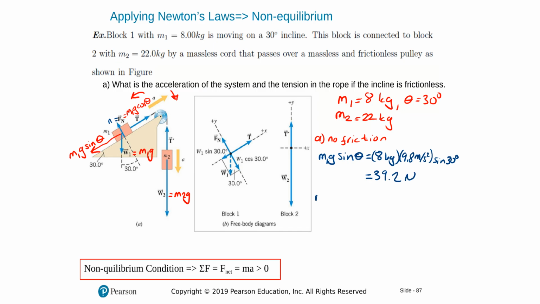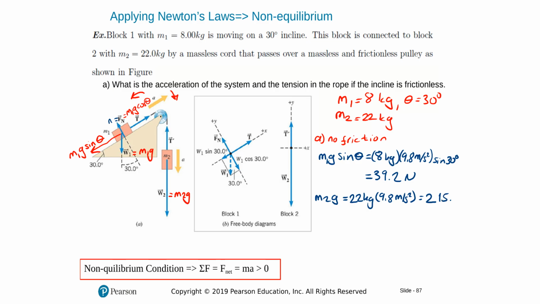Now I'm going to look at M2G. Obviously it's larger. I actually saw that, but I wanted to go through this for you guys. M2 is 22 kilograms times the G, 9.8 meters per second squared. So it's 22 times 9.8, which is 215.6.